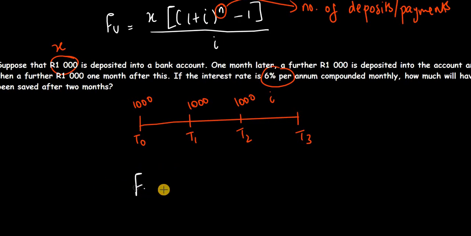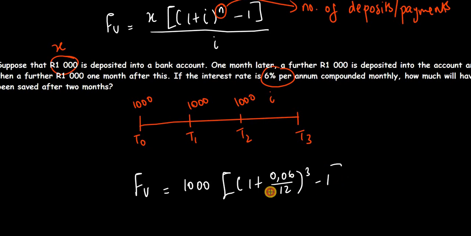So therefore, the future value here will be 1,000 into 1 plus the interest, which is 0.06 over 12, to the power of 3, minus 1. Then you divide by your interest, 0.06 over 12. So how much do you get there?